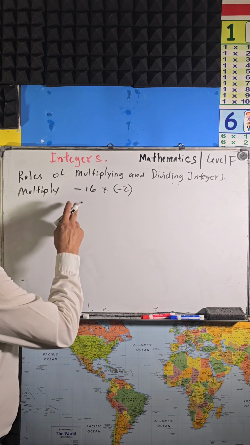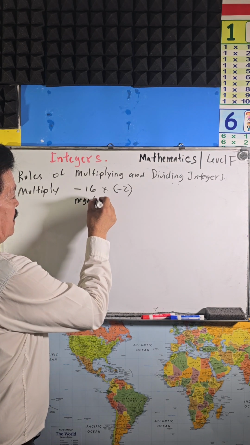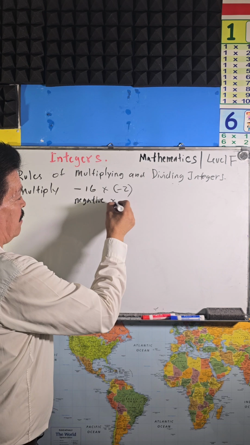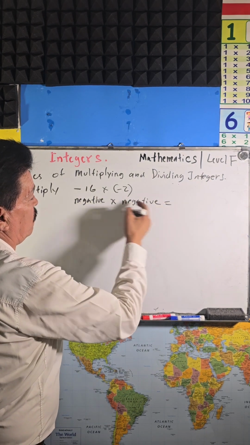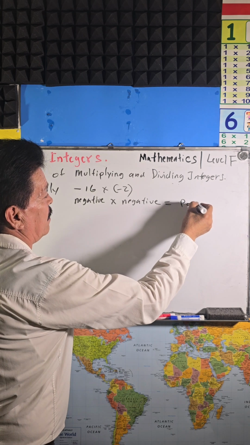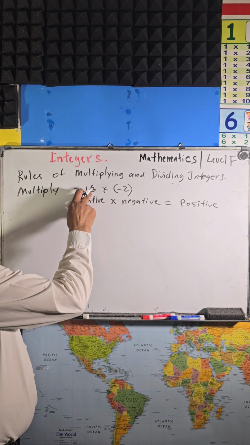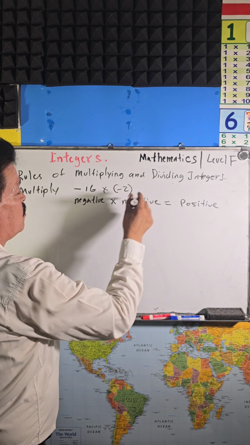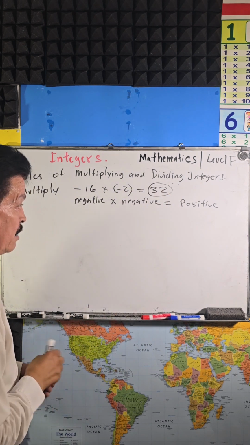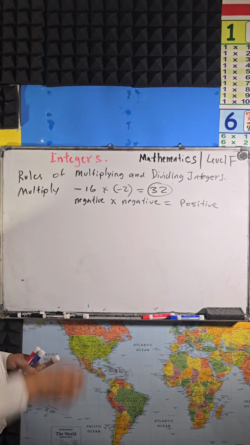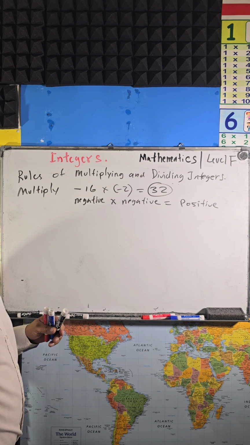Right here it is negative times negative, which is going to equal positive. The answer right here is 16 times 2 equals 32. Positive the answer, right? And remember the rules that I gave you. Negative times negative equals positive.